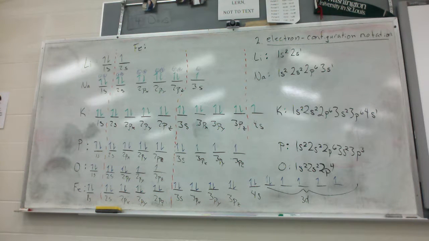Then where? 3s2. 3p6. 4s2. Someone help him out with the number. 3, 3d6. 3d6. Pretty darn easy, isn't it?